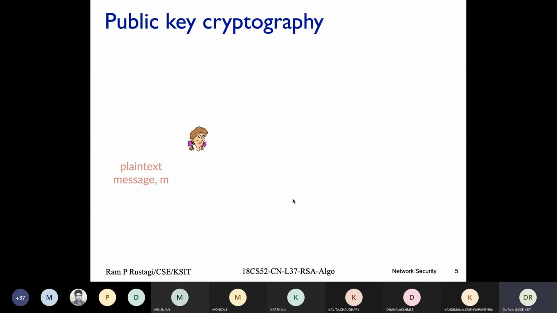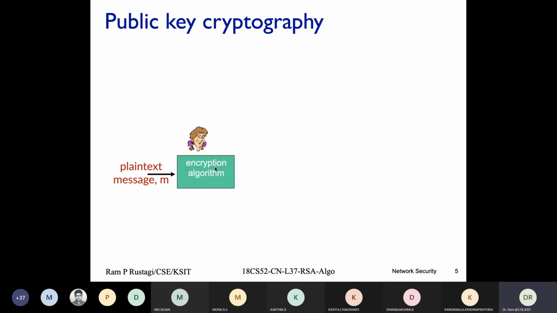Assume Alice needs to send a message to Bob, and Alice has a plain text message, M. Alice needs to send this message securely so that nobody in the intermediary can decipher it or get any meaning out of it. So she needs to encrypt the message.